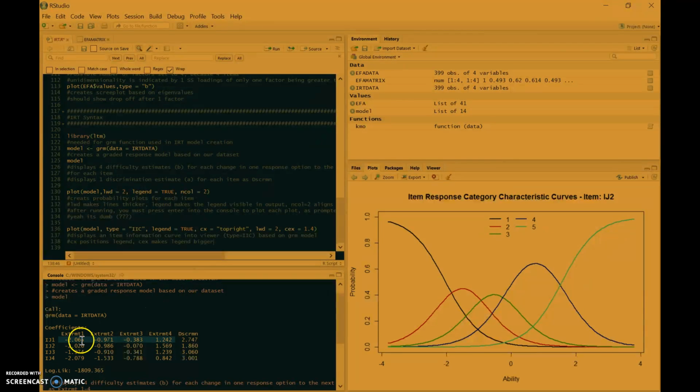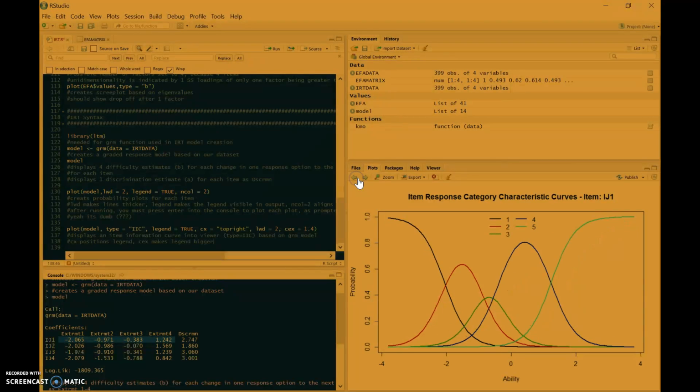So we can compare them here for IJ2. You can see how much more of this area, this probability, is accounted for by people who are responding 2s, and even 3s when you're looking at the -2 theta space.